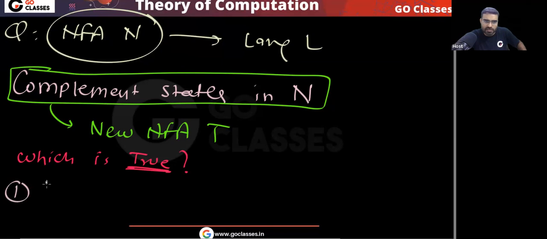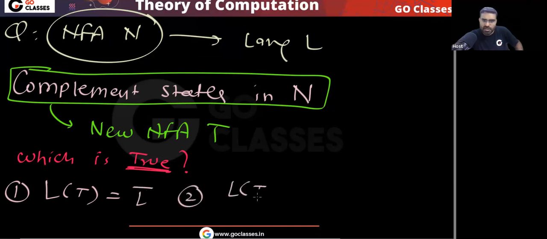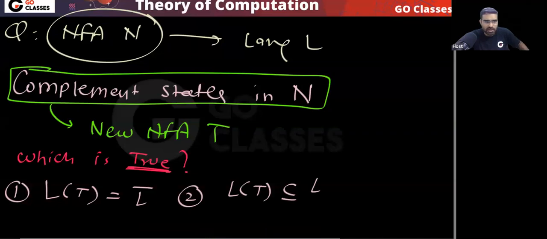The first option: the language of this new NFA T will be L complement. Second option: the language of T is a subset of the language L. Third: the language of T is a superset of L complement.